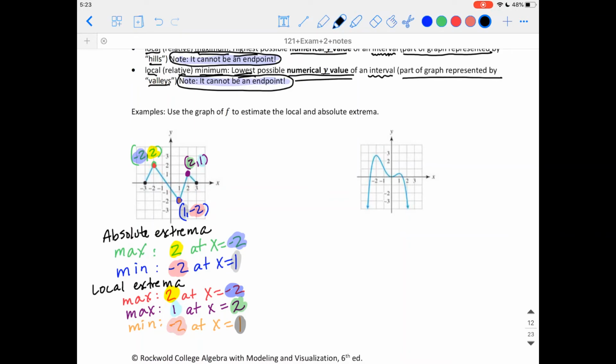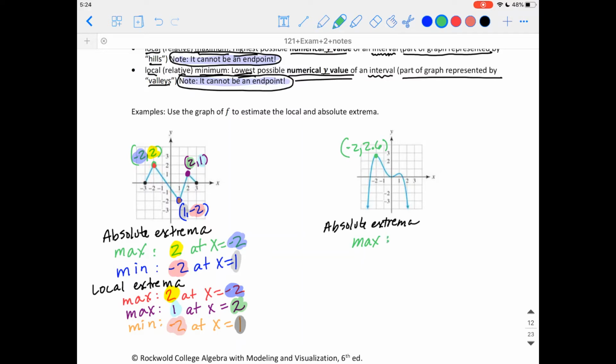So the next problem. So we're gonna do the absolute extrema. Oops. So our max is going to be the highest point. So our max is going to be right here. And this point is (-2, about maybe 2.6).